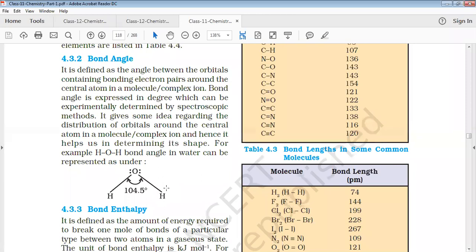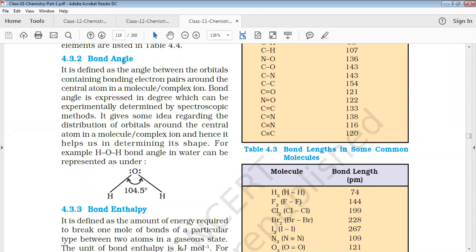If the bond angle is more, it will become a straight line, so it's rigid and flexibility is less. If the bond angle is less, then it is more flexible. You can move the bond. That is not a highly strong bond.